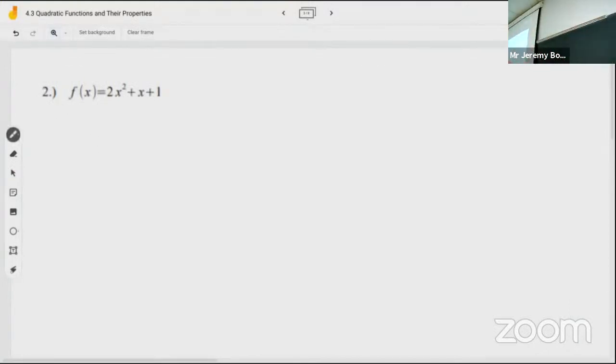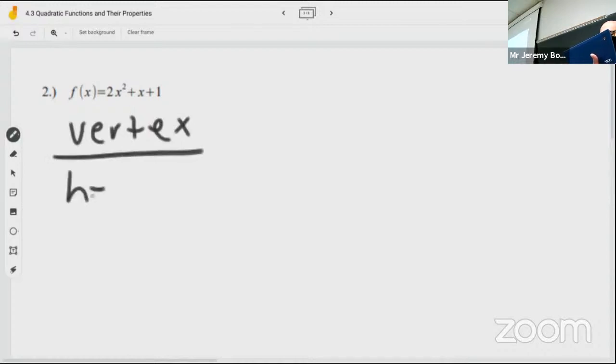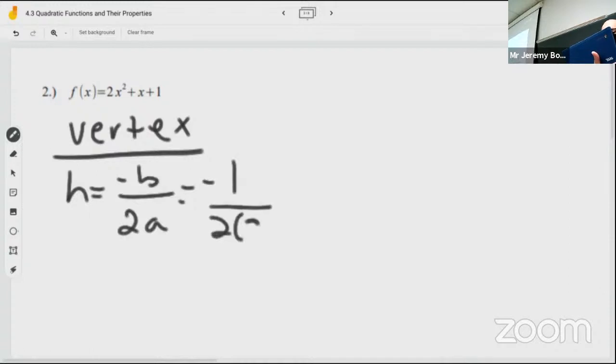We got 2x squared plus x plus 1. First thing we're going to do, find me the vertex. So h is going to equal -b over 2a. Should be -1 over 2 times 2, which is going to be -1/4.